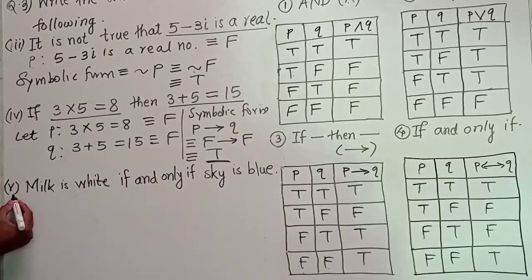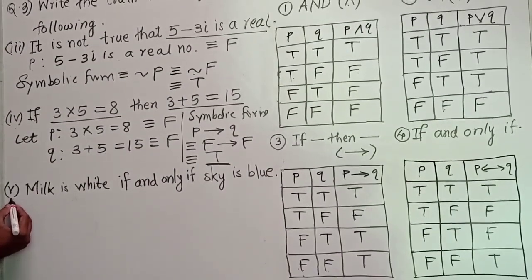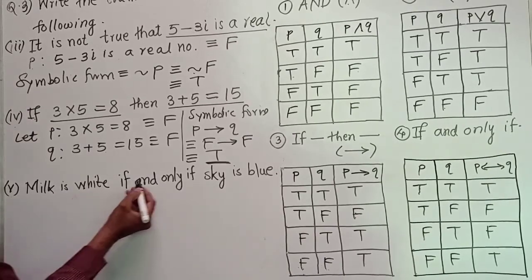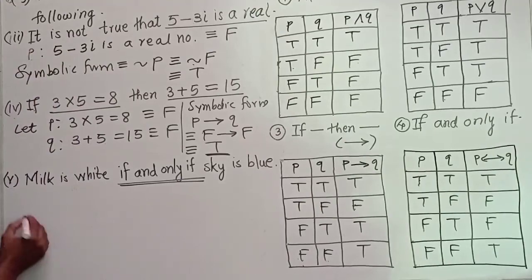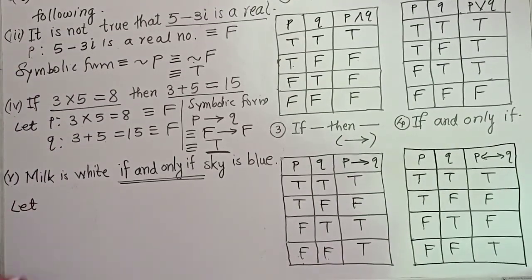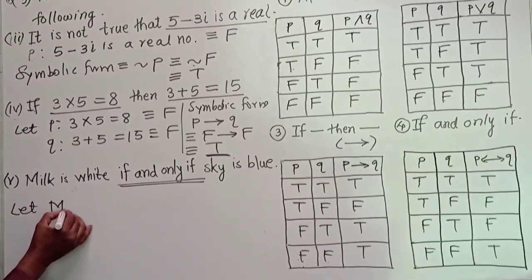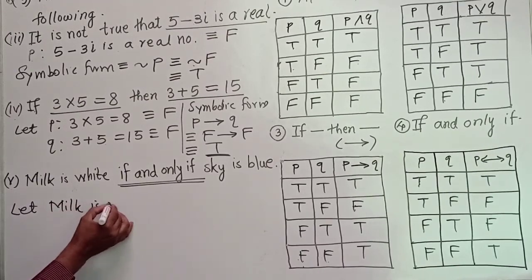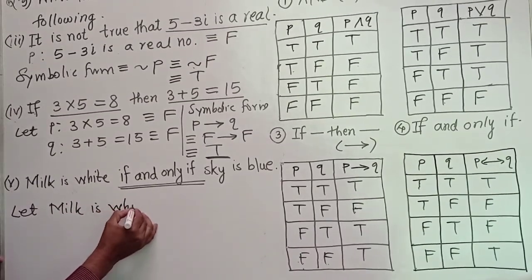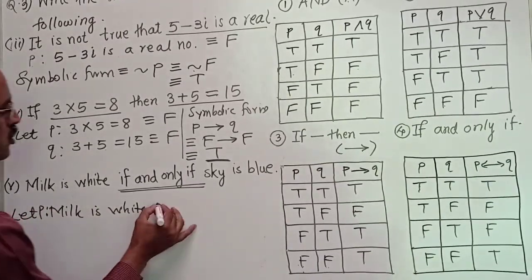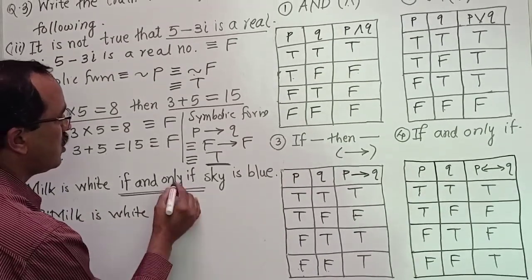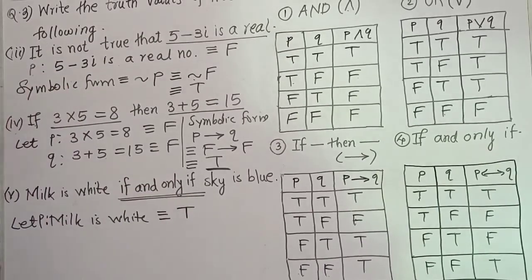Then we consider another example. Example number 5. The example is milk is white if and only if sky is blue. Here the connective is if and only if. So we consider first of all two simple statements. First is milk is white. This is the statement P, small p, and its truth value, milk is definitely white. So its truth value is true.